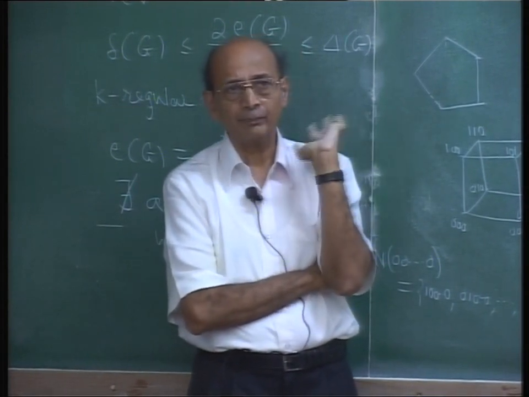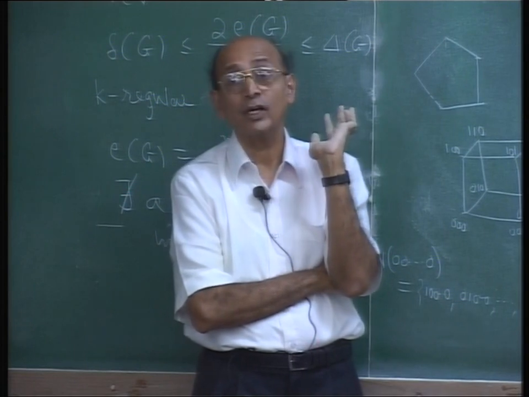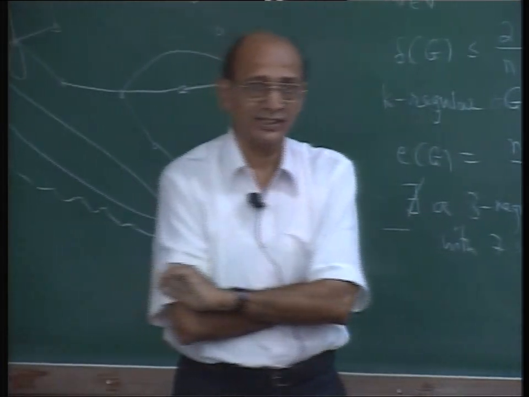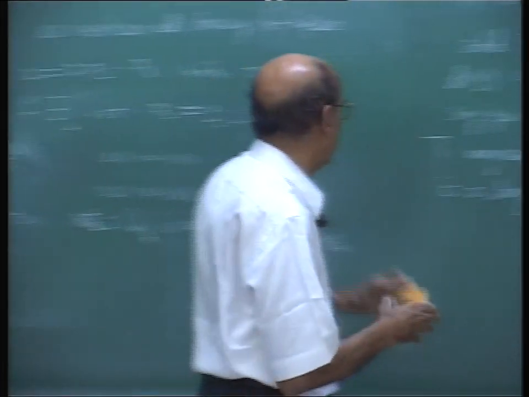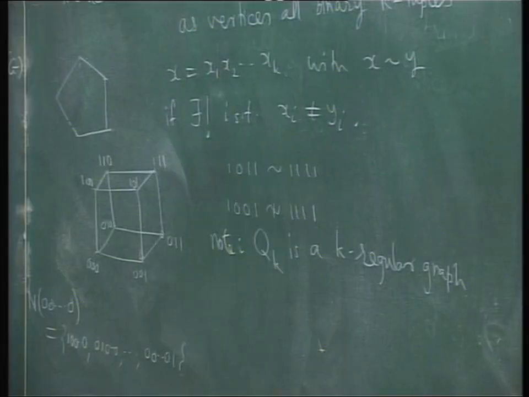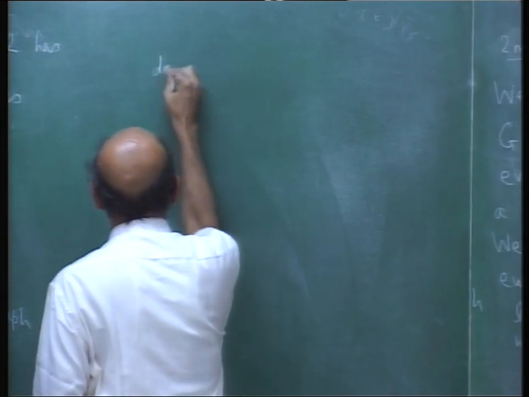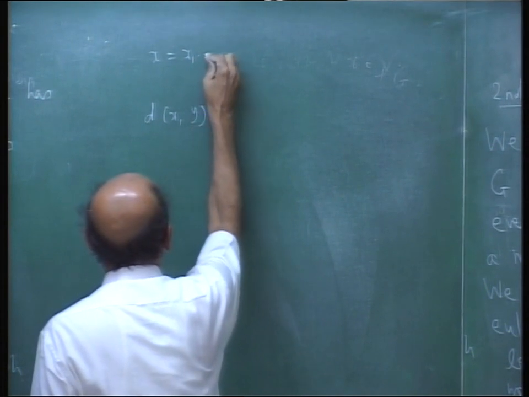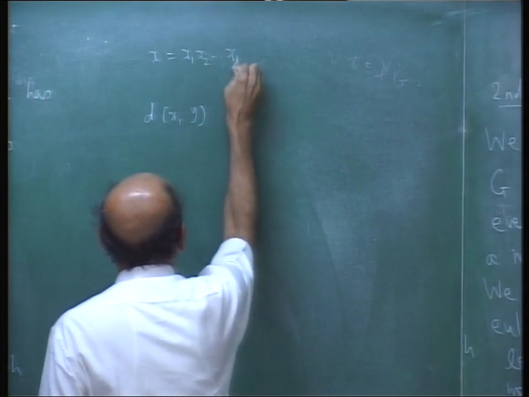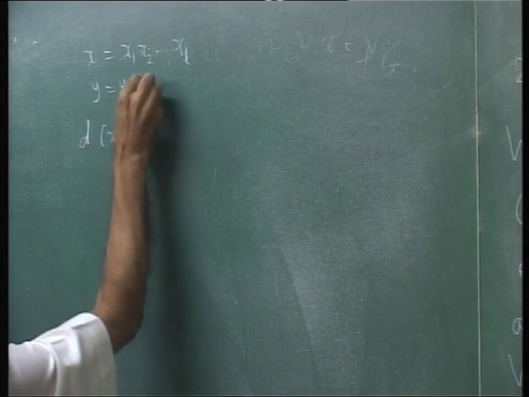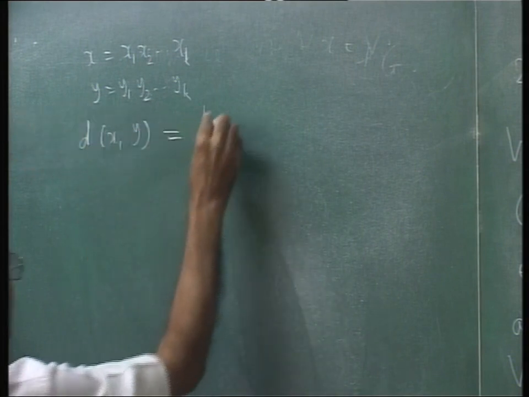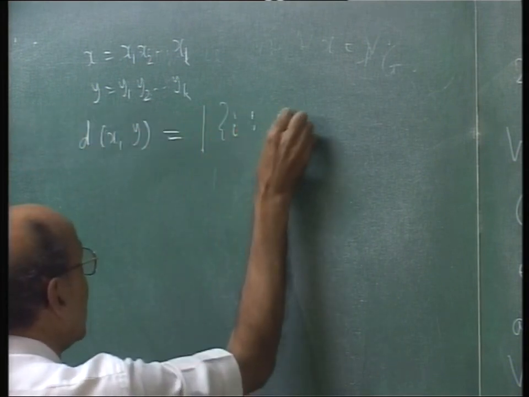In standard basic coding theory, this is what is called Hamming distance. This is exactly the idea of Hamming distance between two words. Given two words, that's a slight detour, but it would be good to do that. Distance between x and y, where x has the form x1, x2, up to xk, is the cardinality of the set of i such that xi is not equal to yi.